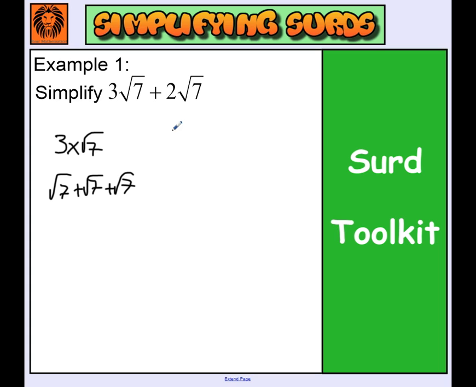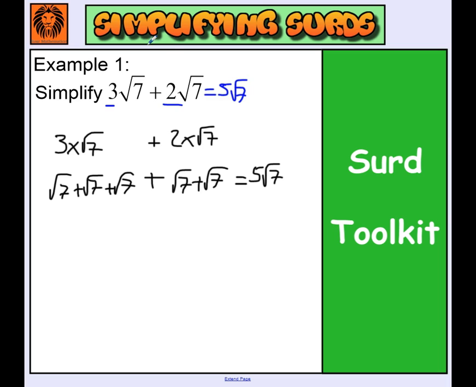And we also have 2 times root 7, so you could think of this as root 7 plus root 7. Now, if we were to add these together, you can see that we have 1, 2, 3, 4, 5 lots of root 7. Meaning that when we have the same surd, root 7 and root 7, we can add the coefficients, 3 and 2, together to make 5 lots of root 7.